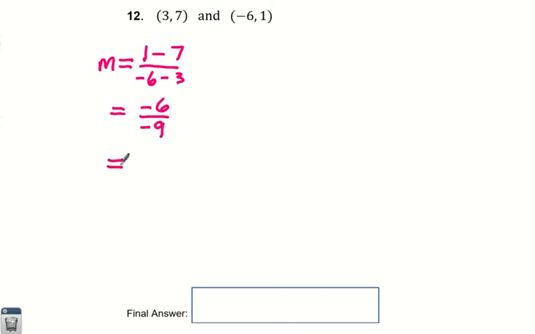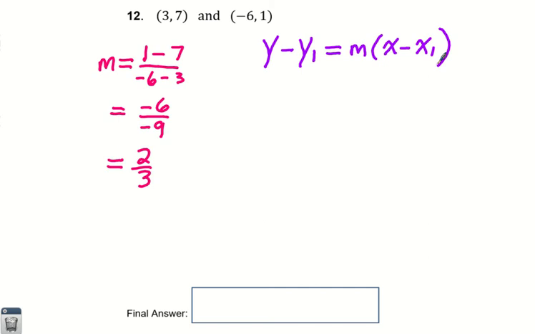This reduces, first of all, negative divided by negative is positive, and this reduces to 2/3. And so now I have what I need to make myself an equation by plugging in to good old point slope form.